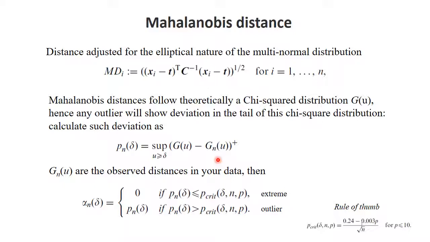Then you transform essentially a multivariate problem into a univariate problem, and that calculation can be done. Where we are likely going to see the deviation is in the tail of the distribution, and that's what we're looking for. There's a bunch of methods to look at that. I'm not going to talk too much about the math here and what is done. I'm just going to look at some examples that illustrate some of these concepts.